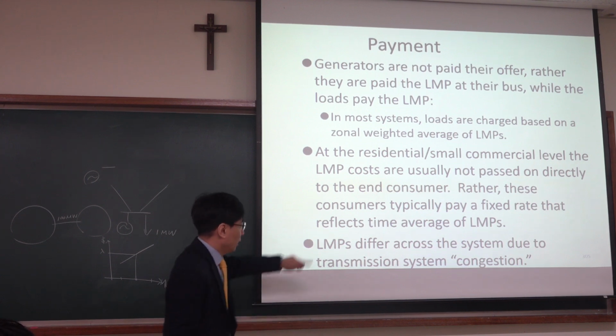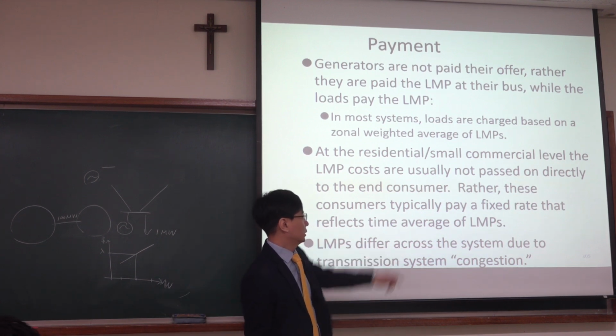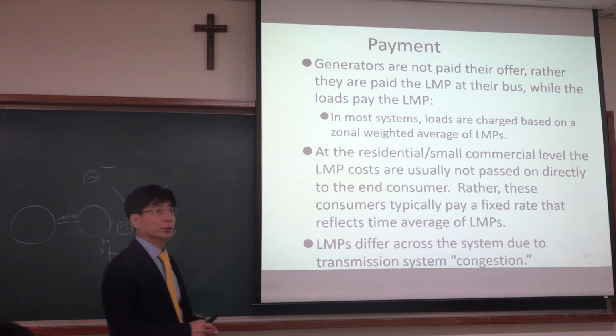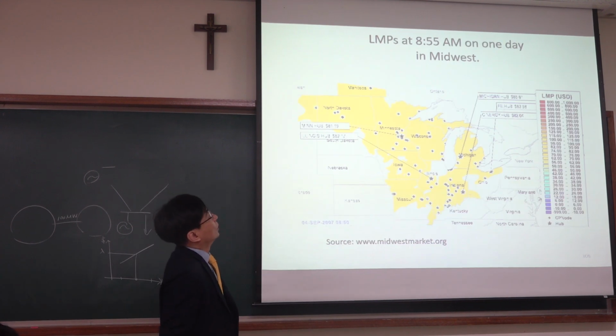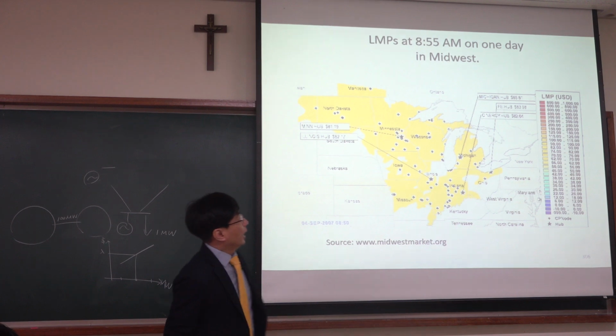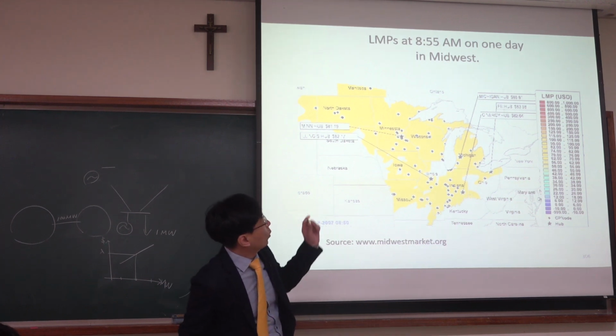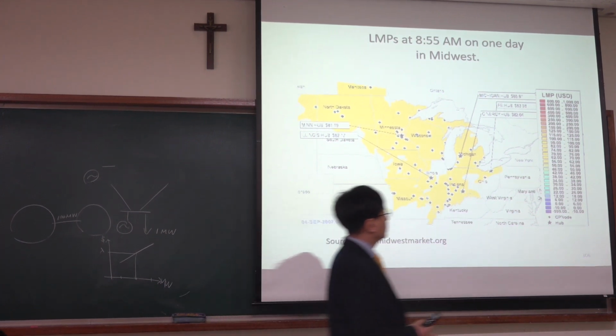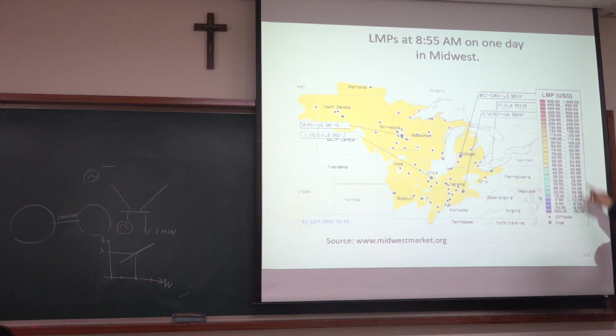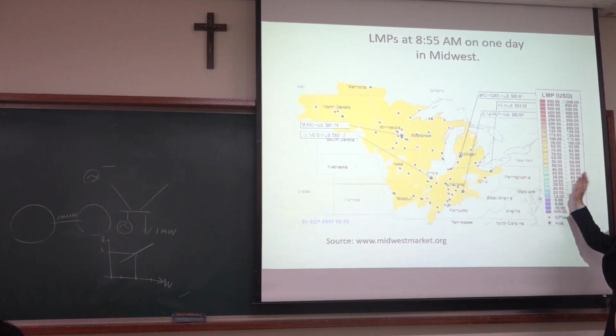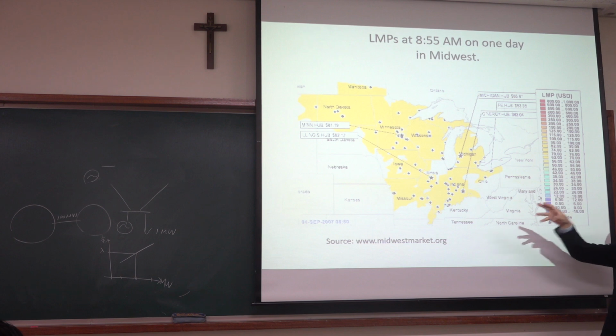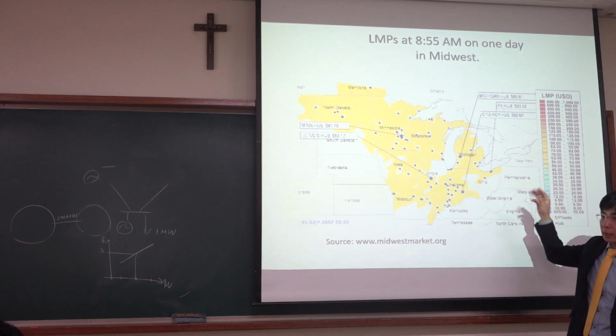And again, LMPs differ across the system due to transmission system congestion. This is an example of LMP in the Midwest. This is $1 per megawatt hour, which is roughly the same as 1 won per kilowatt hour.